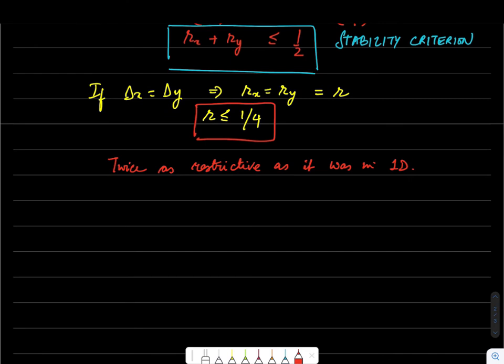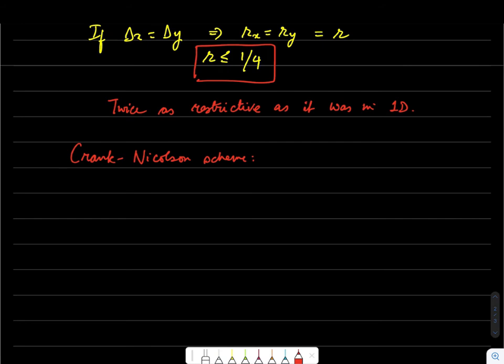Now let's also look at the Crank-Nicolson scheme for this two-dimensional problem. Crank-Nicolson will mean that I would have to difference the right hand side as half contribution taken from time step n and half from n plus 1.